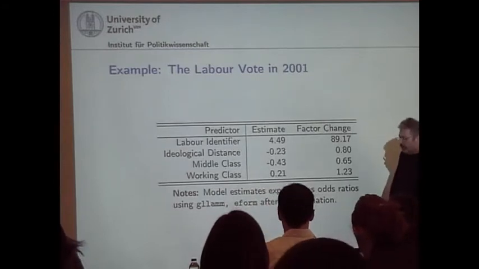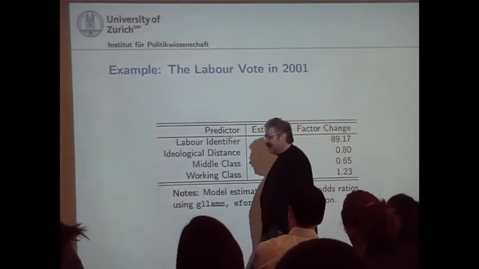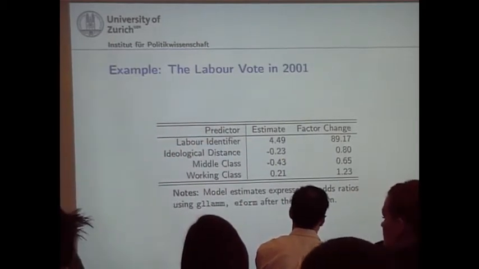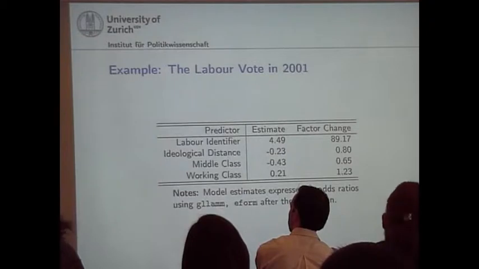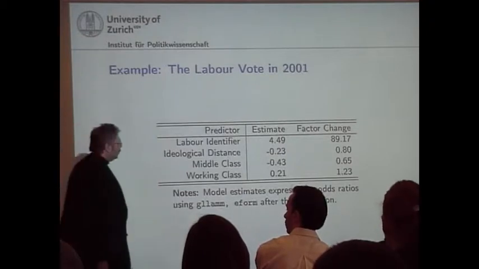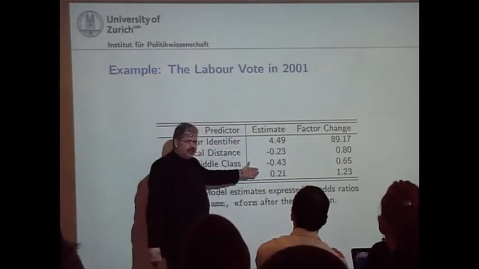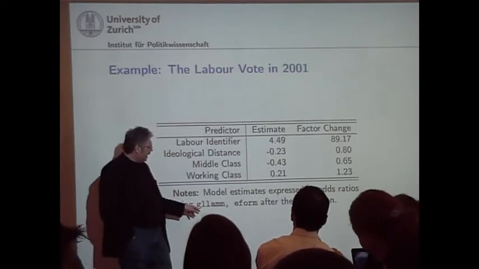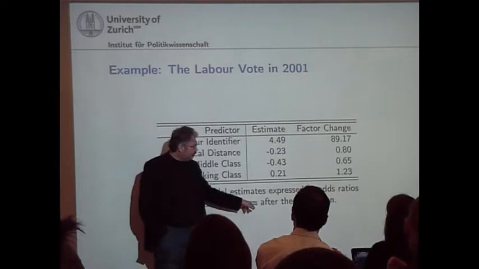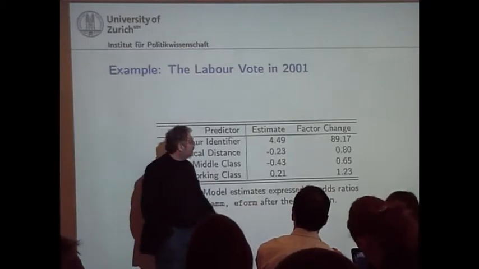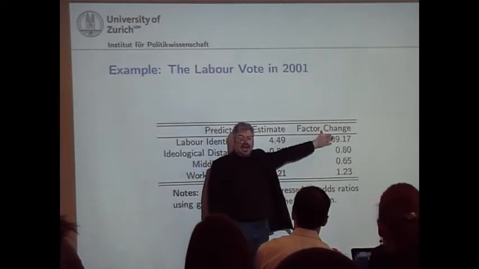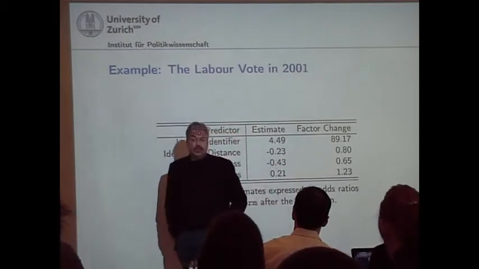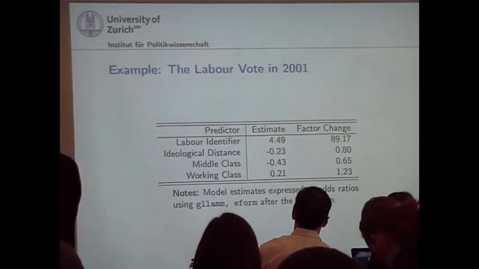In fact, we don't have to do anything by hand, because you can estimate this model in GLAM, calculating the coefficients gamma, and then you can issue afterwards the command GLAM, E form, and it reports the same results back to you, known as factor changes in odds. And so how do you interpret that?